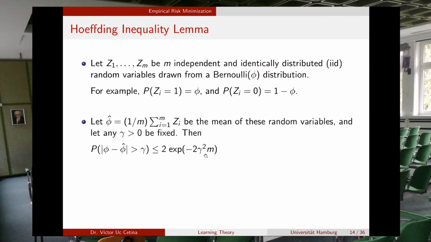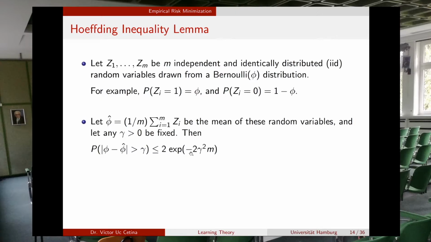Okay, this is what the Hoeffding inequality says. And if you remember, we saw this expression in the analysis of AdaBoost. In that analysis, we saw that if you increase this number here, since this is negative, the exponential of this will decrease.